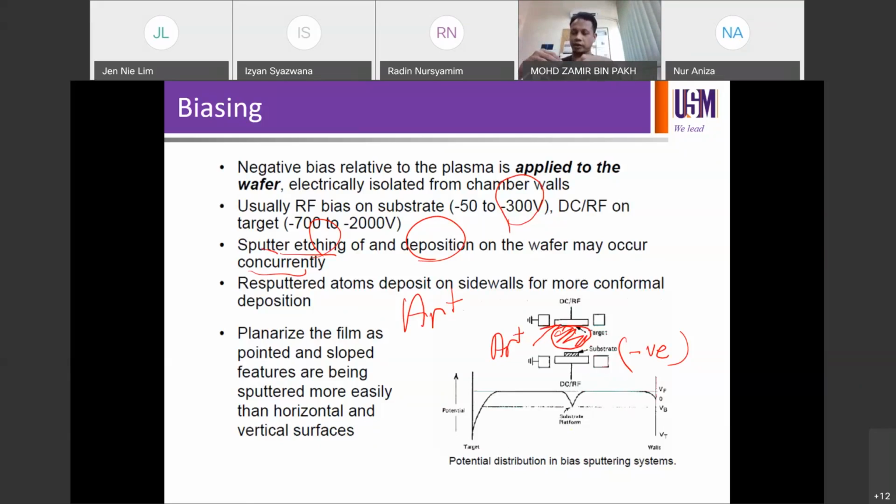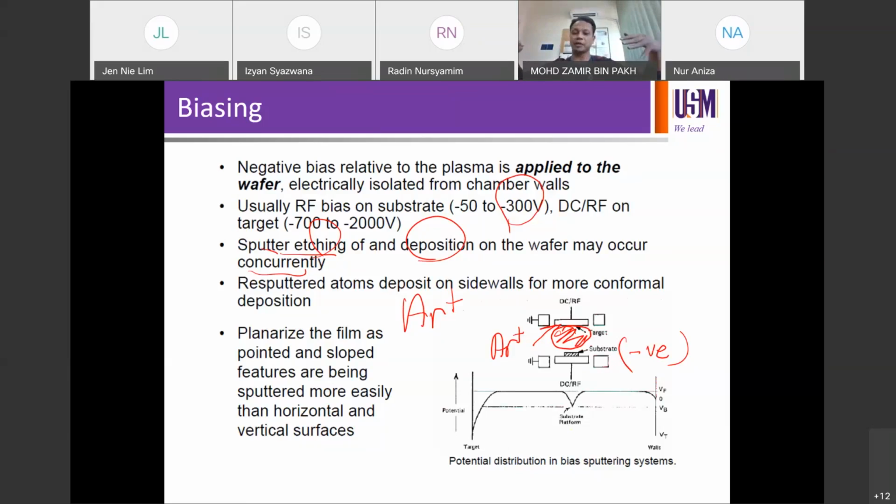For example, if you have substrate, silicon as a substrate, so while you are having your film, ITO film deposited on the silicon, you're also at the same time etching the silicon. So, and this happens concurrently at the same time. So you have ITO being deposited on the silicon, and at the same time you are tuning the morphology of the silicon.